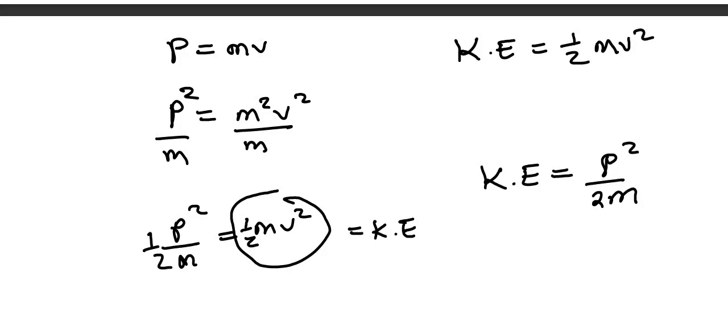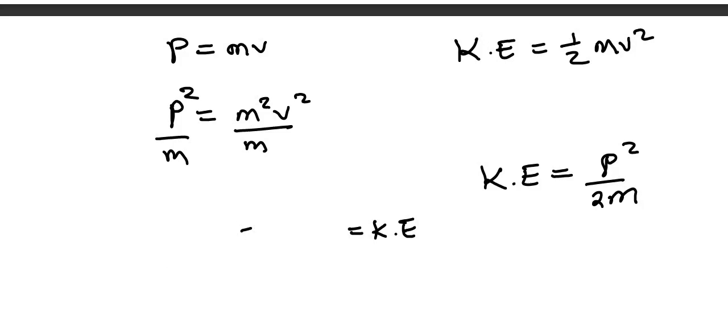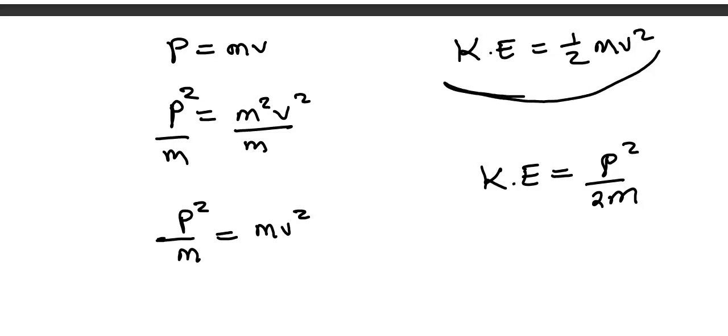Is this equation okay? Wait, repeat again how we got the 2m down. Okay, so from here, dividing by m, you're okay, right? Dividing by m. So now we formulated that p squared over mass is the same as mass times v squared. We're trying to design the kinetic energy formula. We want to create this one.